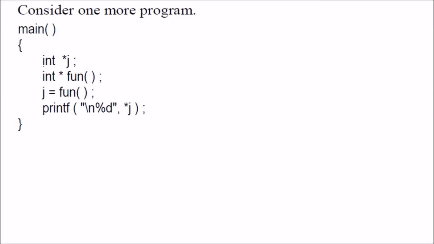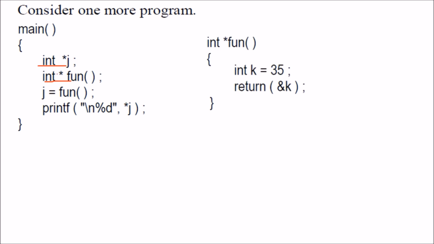Let us take one more program. This is a pointer variable. This is a function, and we have a pointer here also. Now this function fun is called, and k is 35. We are trying to print the address of k, which will be taken in j, which is actually returning the address, and this will be printed.